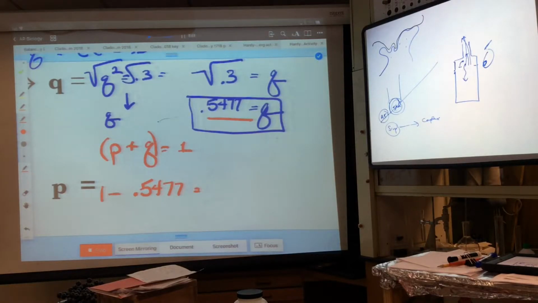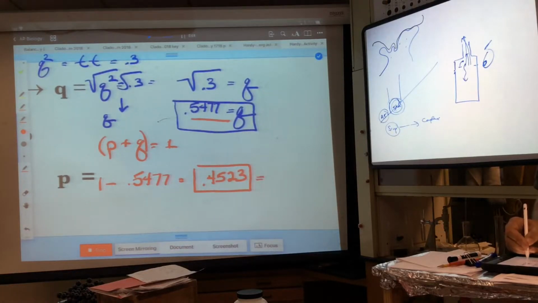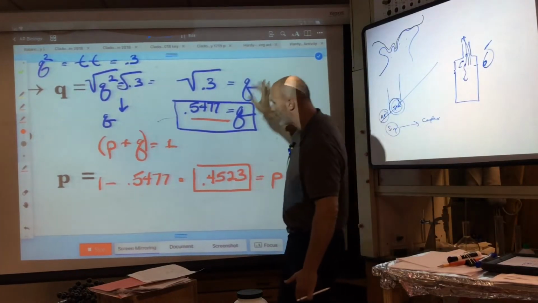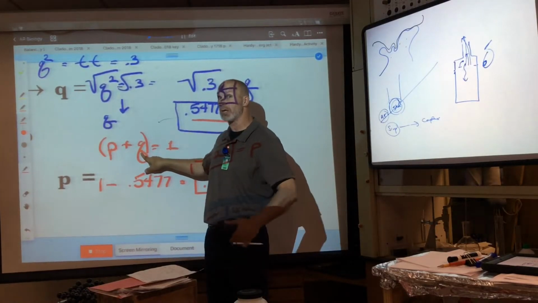And I get 0.4523. What is this equal to? This is equal to my P. And I may have rounded differently, but I think I'm okay. If I add these together, it should give me 1. So all I did was take my Q, which I got from my homozygous recessive individuals that are Q squared.